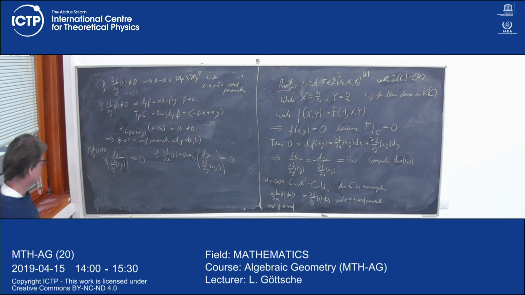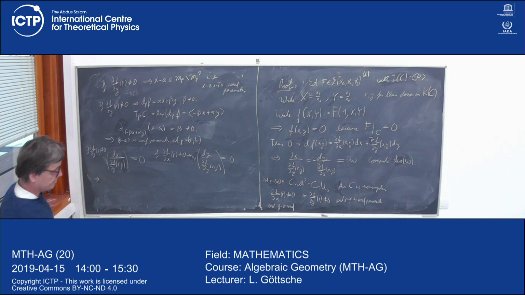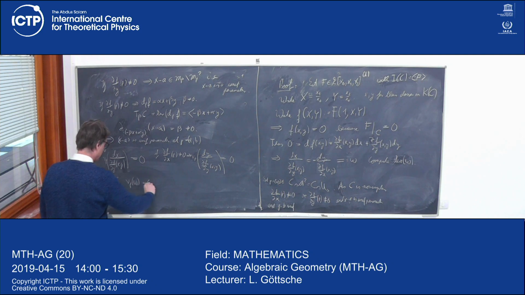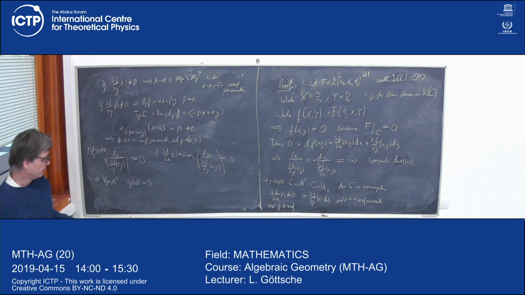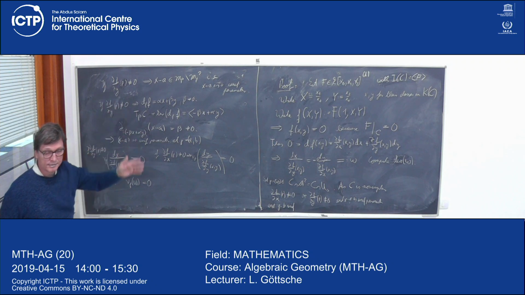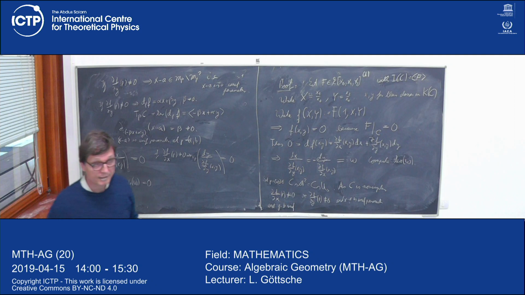So it follows that for all p in A2, the multiplicity of omega at p is equal to 0. So the divisor corresponding to omega can only be supported at infinity. Now we have to look at what happens at infinity.